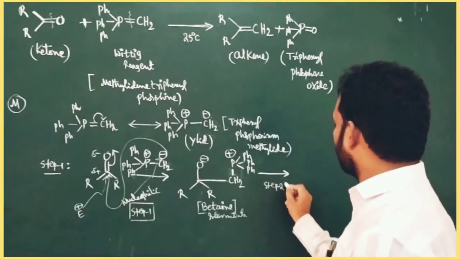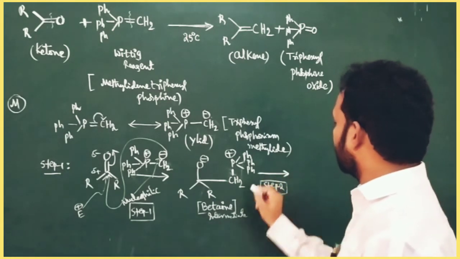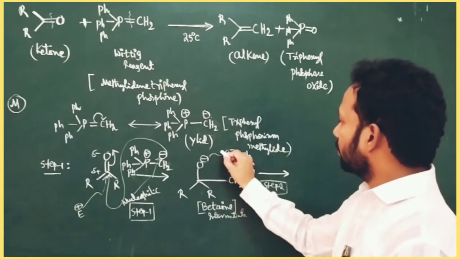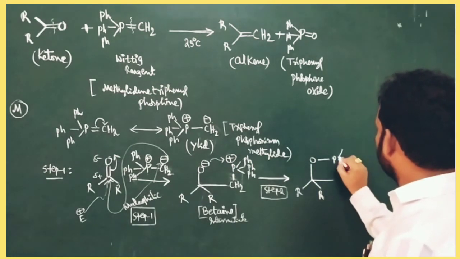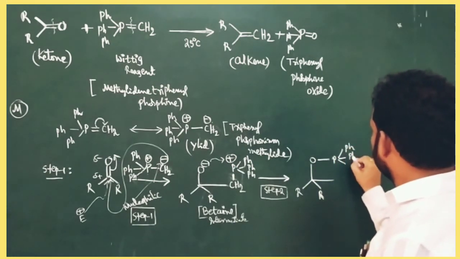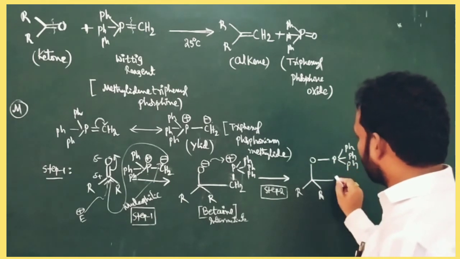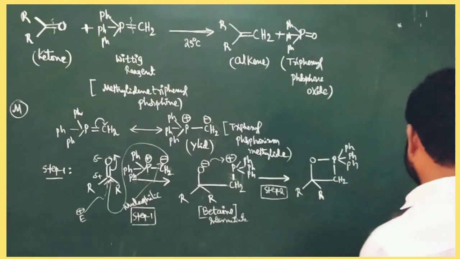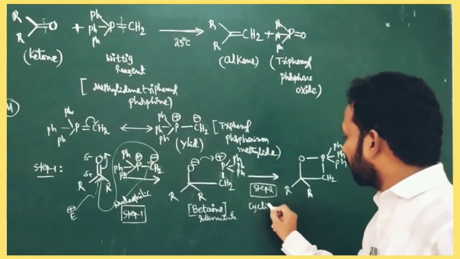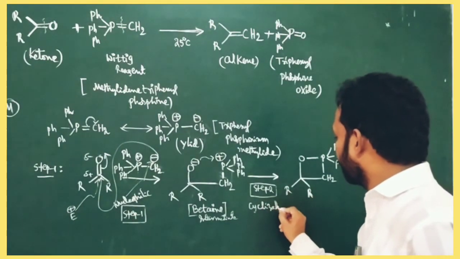In this step, the negative charge of the betaine oxygen attacks the positive phosphorus ion to form a cyclic oxaphosphetane product. This is a cyclic product, so this step is a cyclization step.